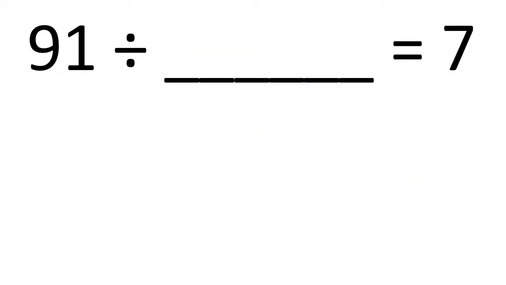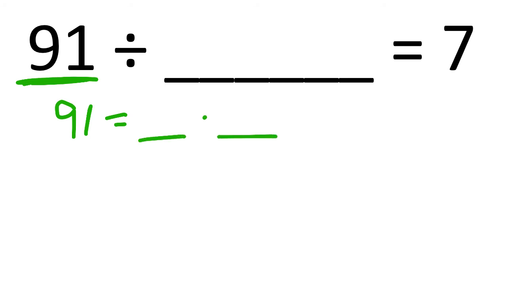All right, in this problem, we do have the dividend divided by some unknown value equals 7. Now, usually, just based on what we've done, we'd say, well, let's try the other operation, right? So you'd say, all right, well, the other operation is multiplication, and then you'd have the two values.